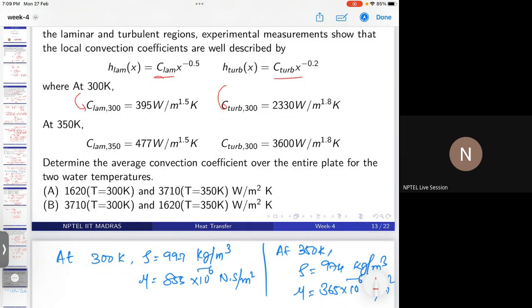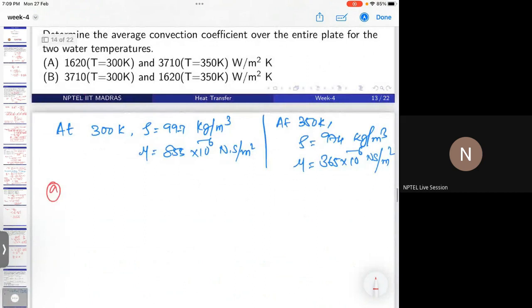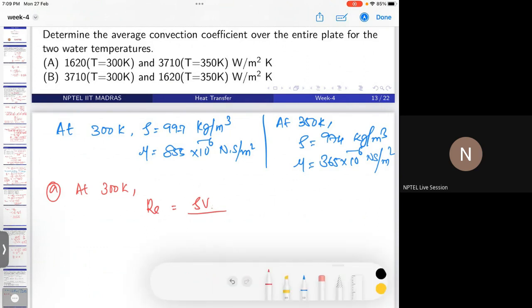So first, what we have to find out? First, we will be finding out the Reynolds number. So first we will take the case of 300 Kelvin. What is the Reynolds number? Rho u x by mu for a flat plate, right?